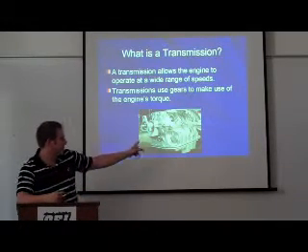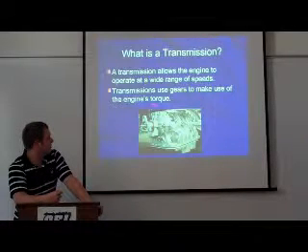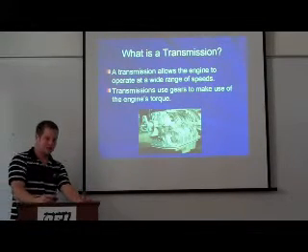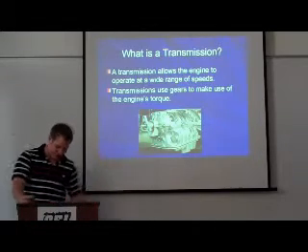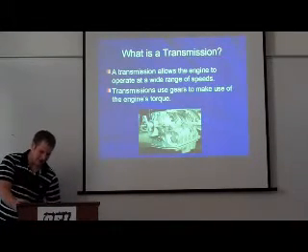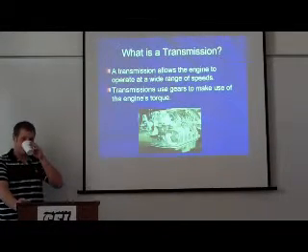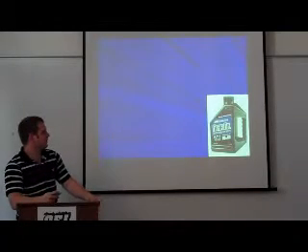You see it's a pretty complex piece of machinery, and it makes use of the engine's torque. So pretty much the transmission gets power from the engine, and through different gears and gear ratios, it allows you to go different speeds and shifts up and down for you. I'm sure some of y'all have driven a manual before, and it's a little different. But that's a transmission.